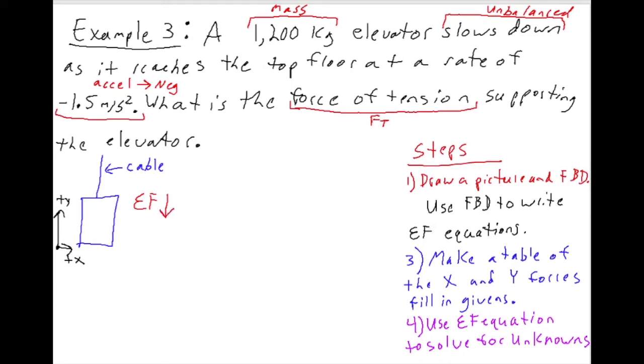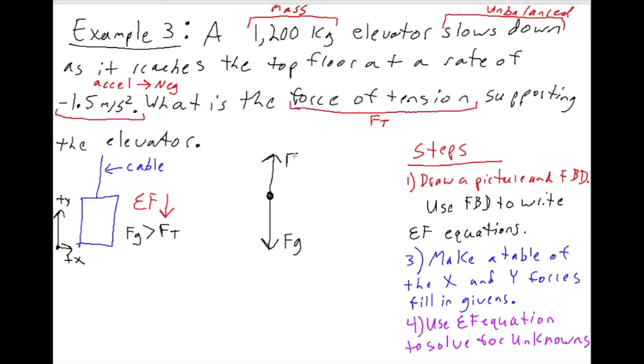Now let's make this free body diagram. So here's my elevator. I always start with the same force, and that's force gravity, which points down. I told you right here that my net force is going to point down because it's a negative value, which is just telling me that my force gravity is going to be bigger than my force tension.